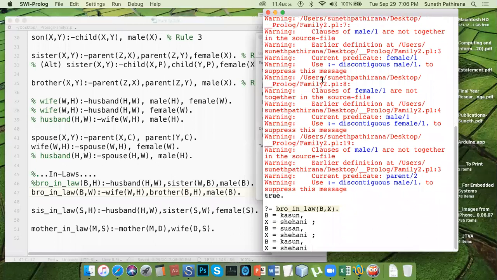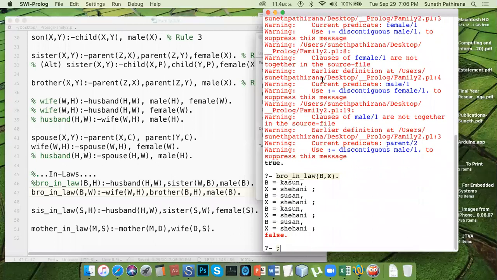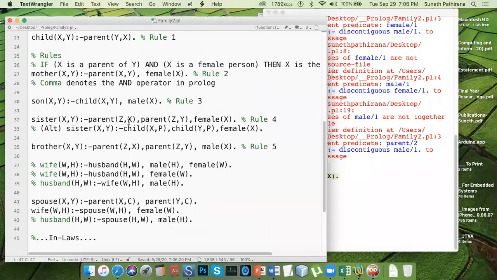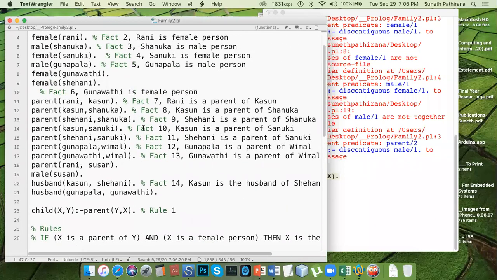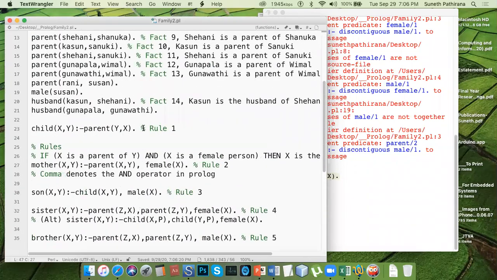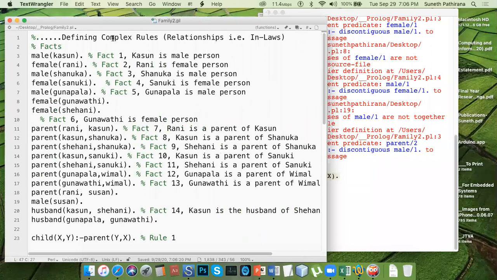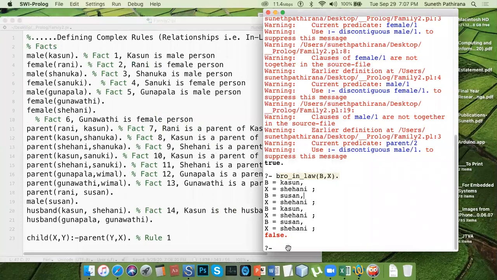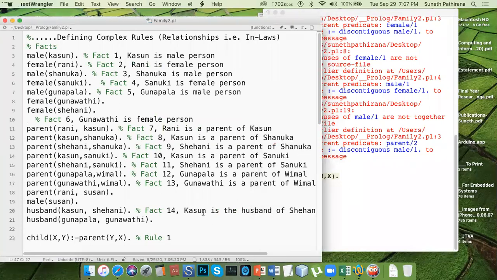Again, it gives Kasun and Shehani. I can't understand what's going on here. There must be something wrong with the way that we have defined it. Okay. Let me go through the program carefully and figure out the mistake we have made here. Definitely it should be something wrong with the rules that we have defined.